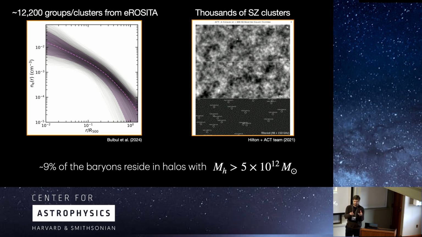So I have the 80% number for the FIGM from FRBs. If I import other precise measurements of the hot gas in the universe, say with massive group and galaxy cluster catalogs, I find that maybe 9% of the universe's baryons are in massive groups and halos in the hot phase, or in clusters, excuse me.